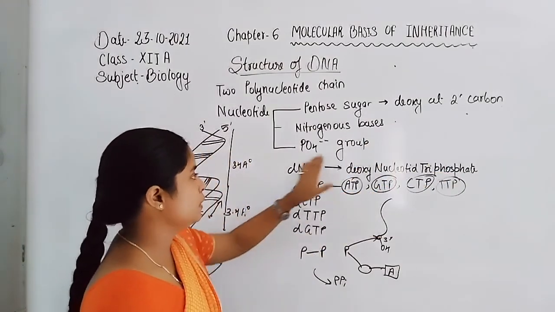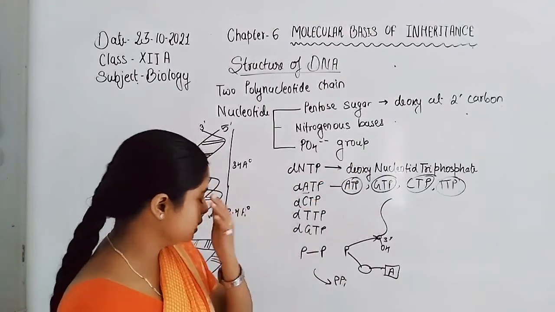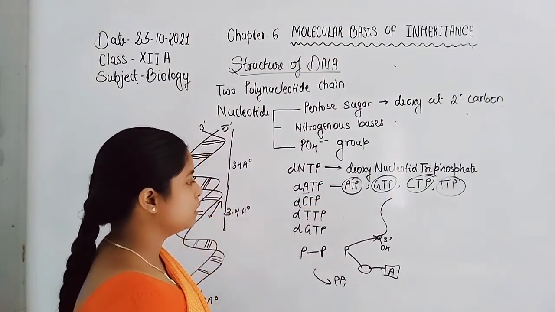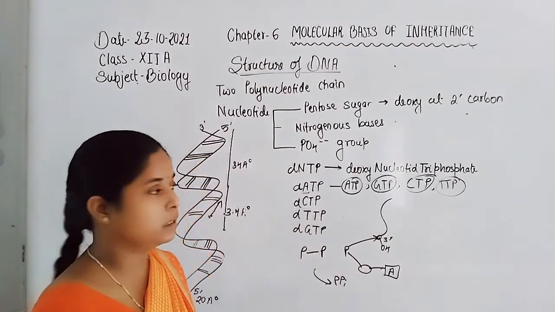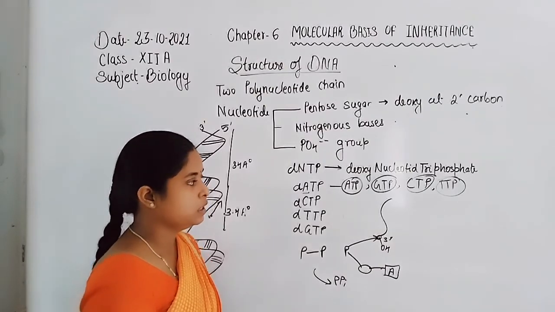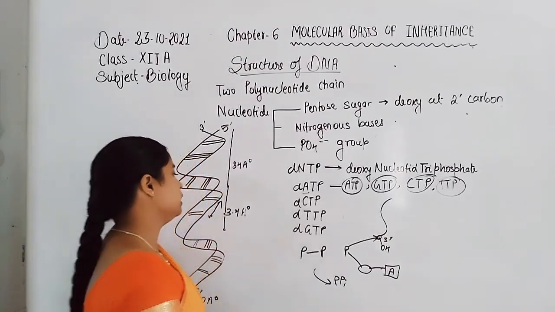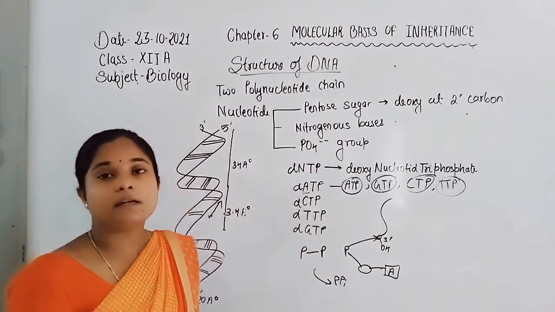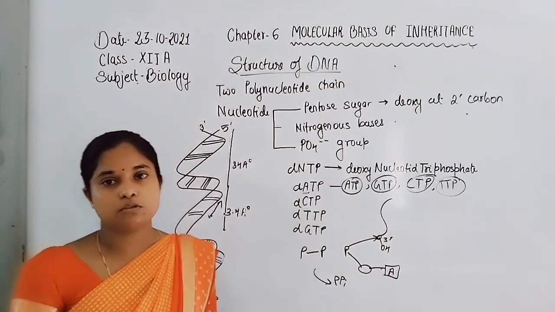The phosphate group is also present, that's why DNA is negatively charged. To synthesize DNA, each nucleotide comes in the form of dNTP. There are three kinds of bonds present in DNA: the phosphodiester bond, the hydrogen bond, and the glycosidic linkage between the nitrogenous base and pentose sugar.